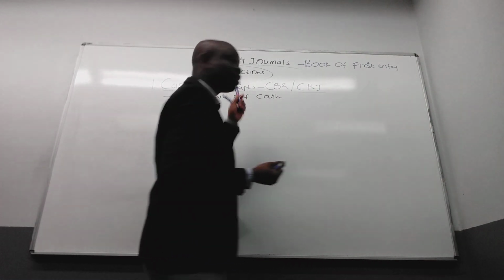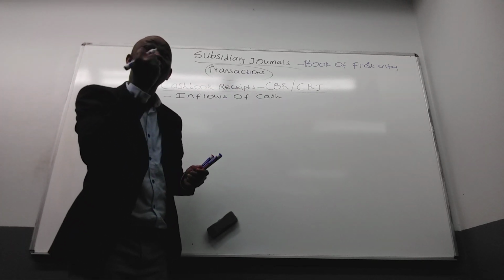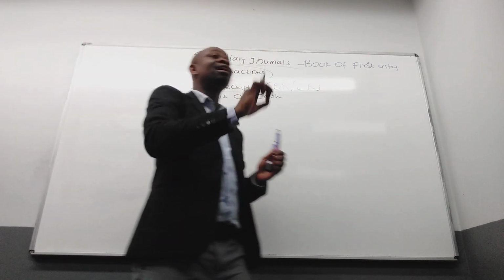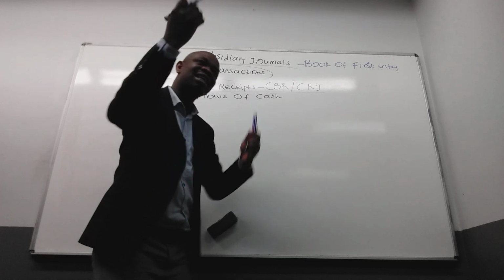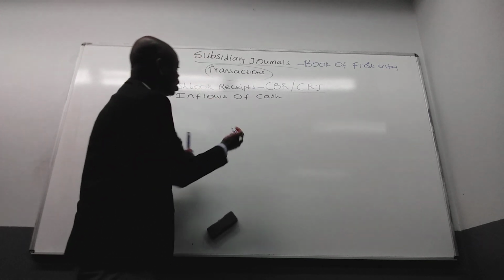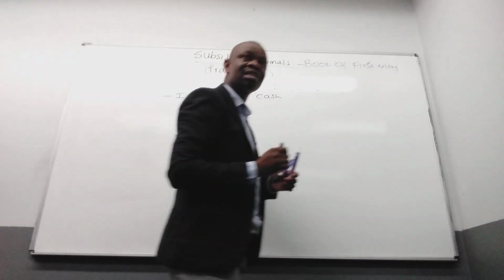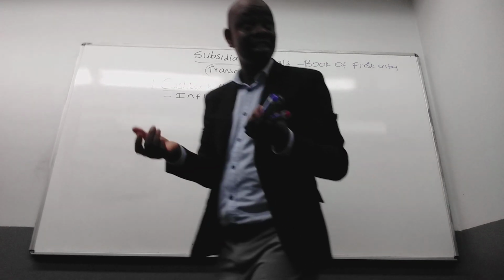Can you see? We're receiving. So when you read a transaction, check if you are receiving cash. The minute you receive cash, it doesn't matter whether you receive it from Sylvester or anyone, as long as the cash is being received, you must put it under CBR. So you must understand the transaction. Are we together? In a nutshell.